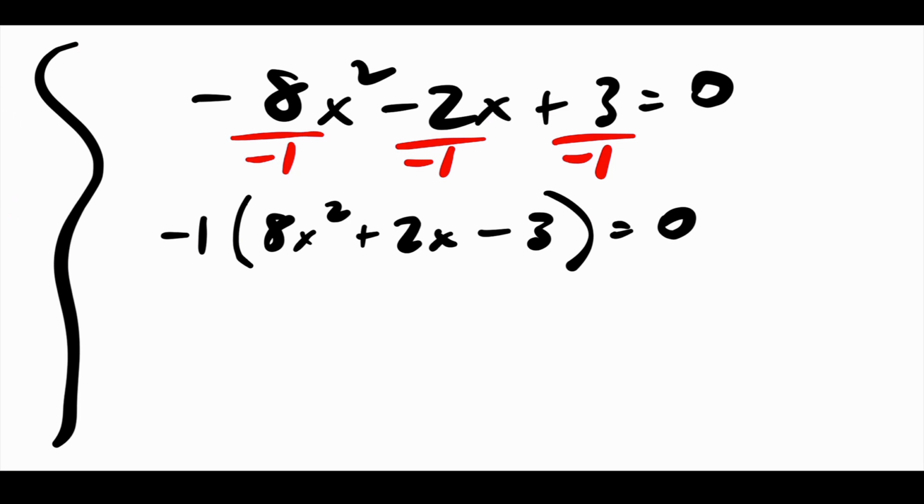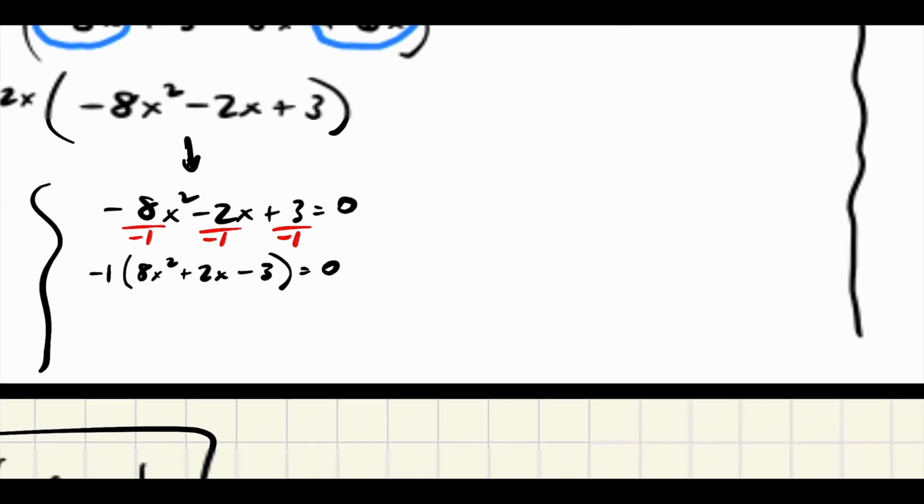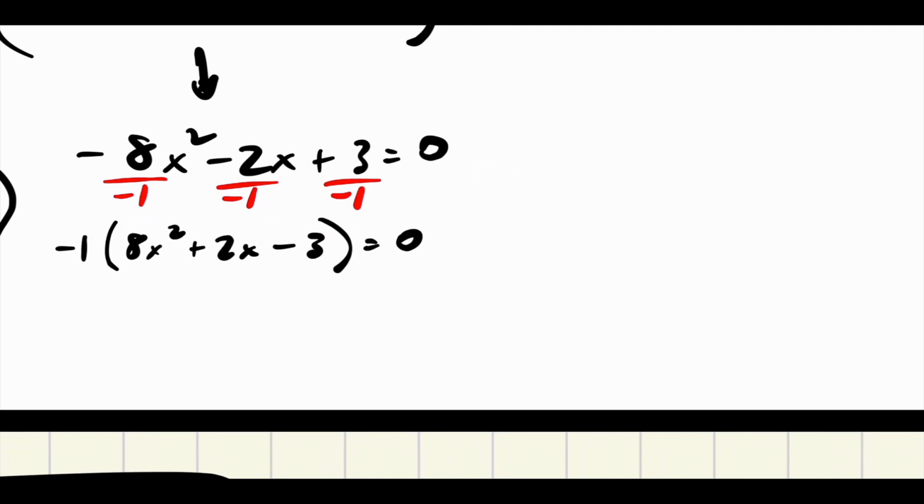Okay, so now I have to factor this guy. So let's see. I have to come up with the two numbers that multiply to be negative 24 and add to be positive 2. 6 and negative 4, right? Because you multiply 8 times negative 3.